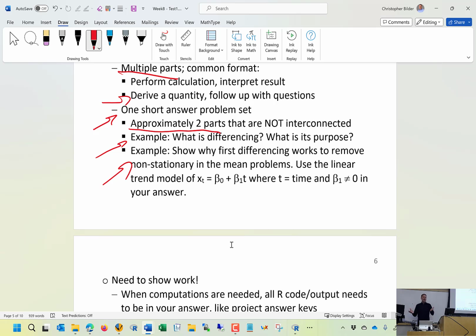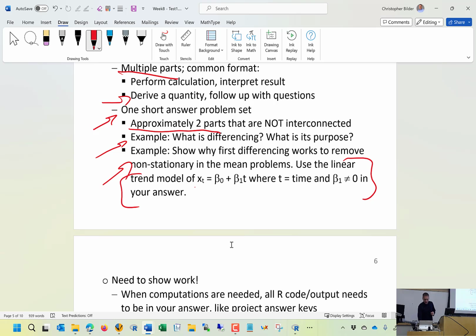Here's another one that's kind of related that I've used in the past. Show why first differencing works to remove non-stationarity of the mean. Use this linear trend model in your answer. Now, in the integrated subsection of the notes, we did exactly this.